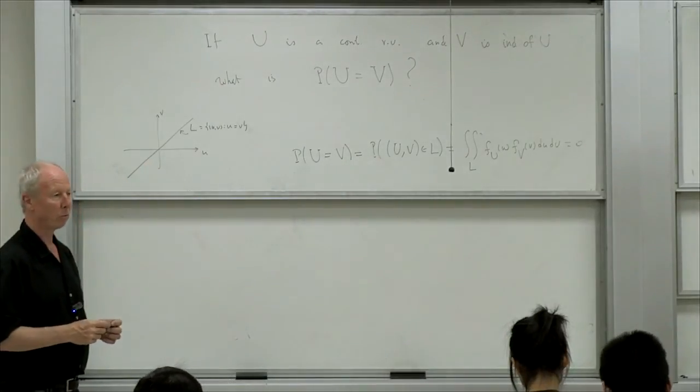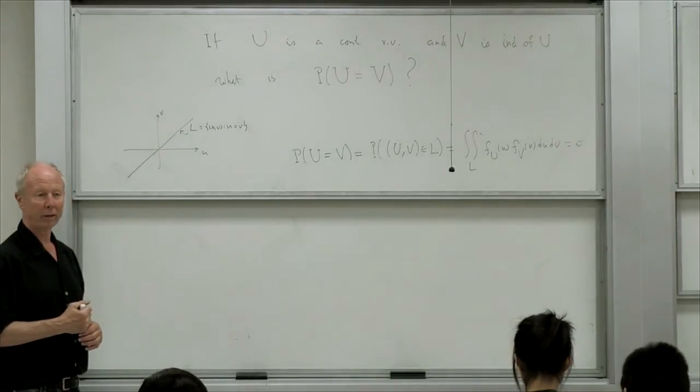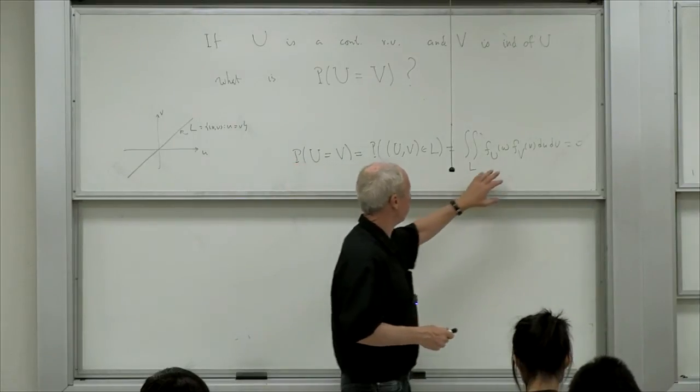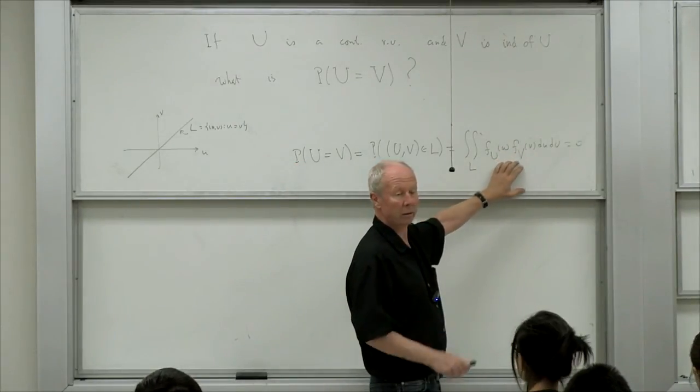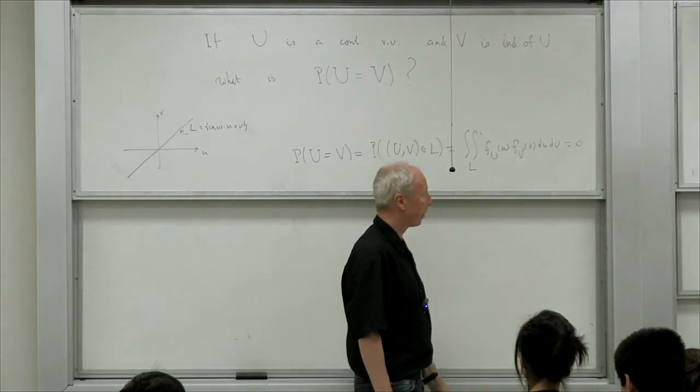So the probability U is equal to V is 0 if U and V are continuous random variables. This doesn't require independence, actually. Just if I had a joint density here, the same argument would work.